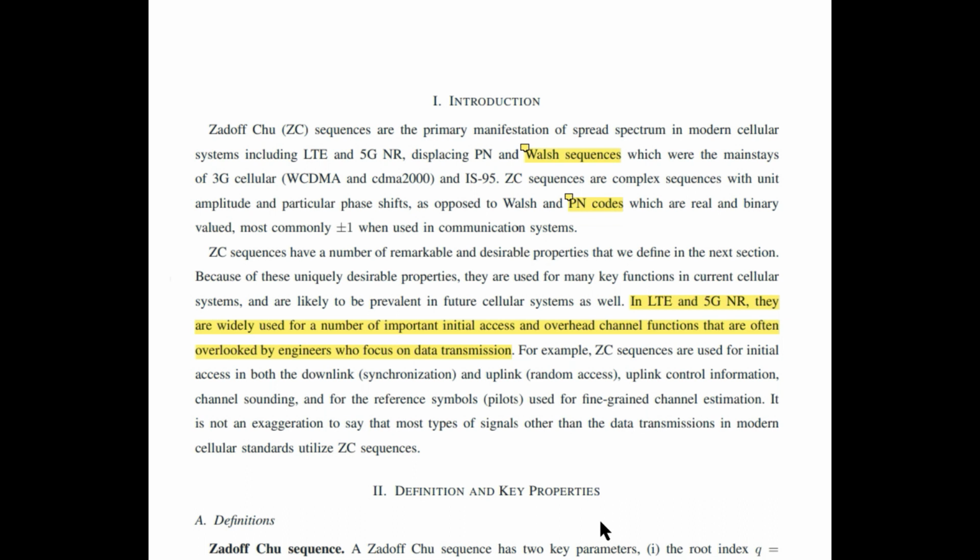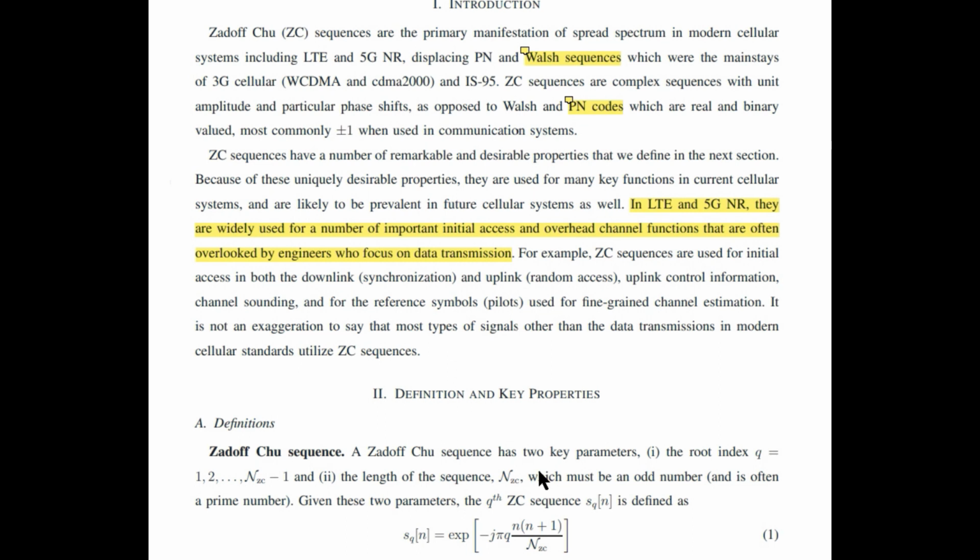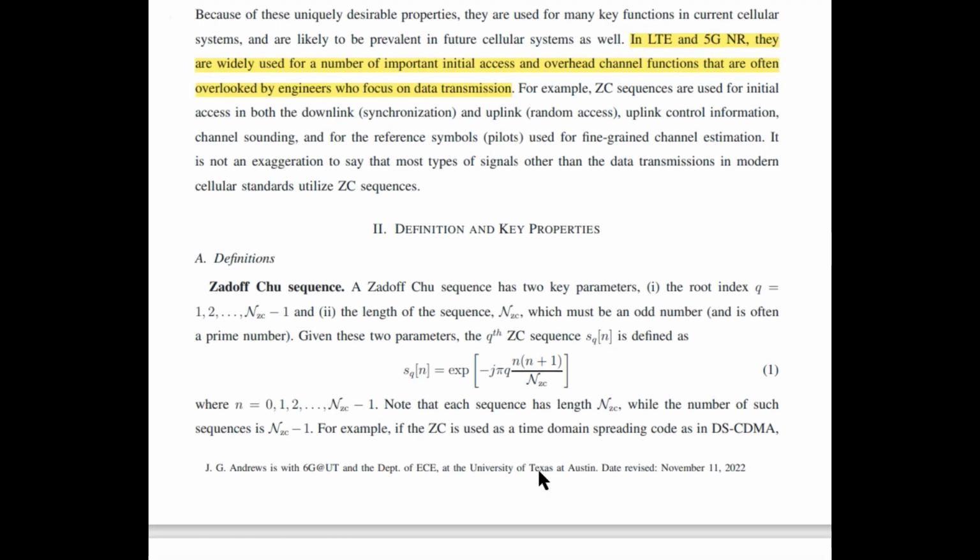It is not an exaggeration to say that most types of signal other than the data transmission in a modern cellular standard utilize ZC sequences. Simply, we can now define how to get a ZC sequence. A ZC sequence has basically two parameters.